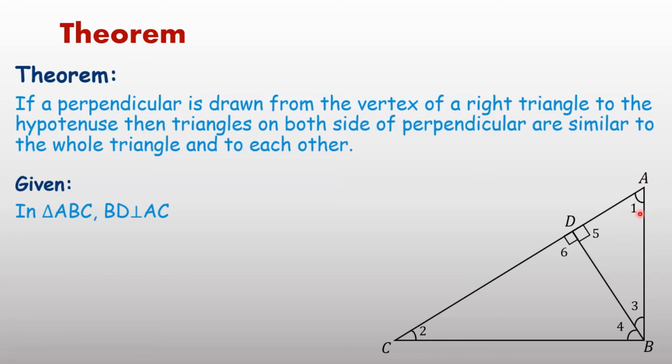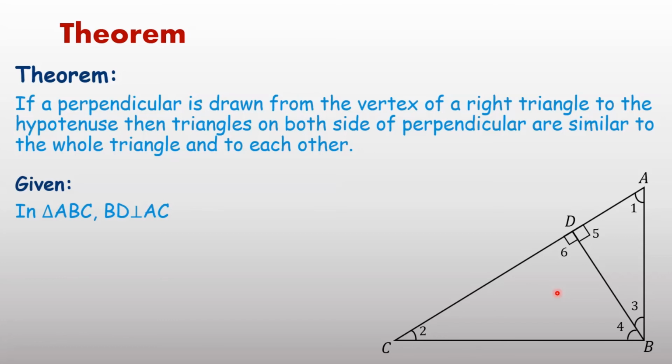One triangle is ABD and the second is CBD. Both triangles are similar to each other and also similar to the whole triangle ABC, which we have to prove in this theorem.